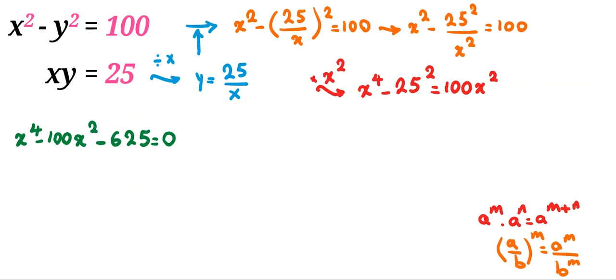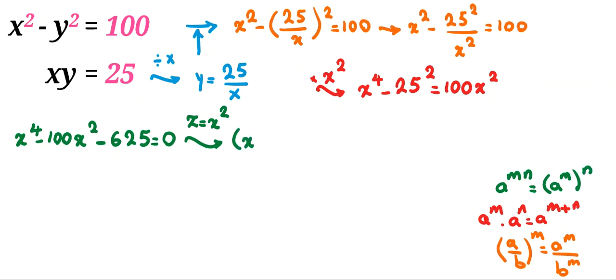So here I can replace x squared with z. Let z equal x squared. So x to the 4 we can write as x squared squared, because we know that a to the m, to the n, equals a to the m times n.